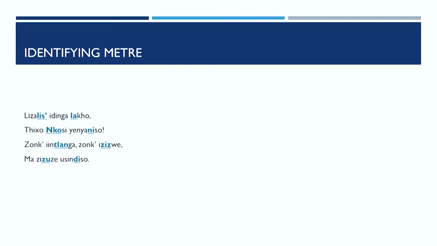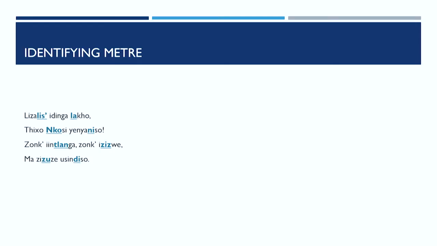If we were to count how many syllables there are in between the strong beats, you'll see that a pattern begins to emerge. So look at the syllable lis of Liza lis. The next syllable is I, then di, nga. That means there are 3 syllables between lis and la of lakho.